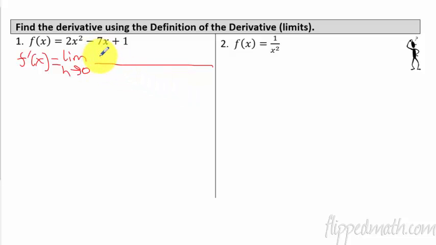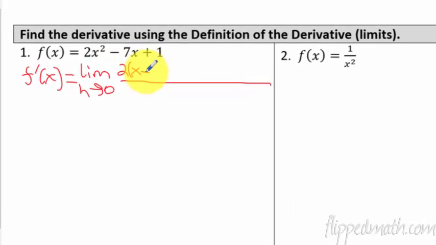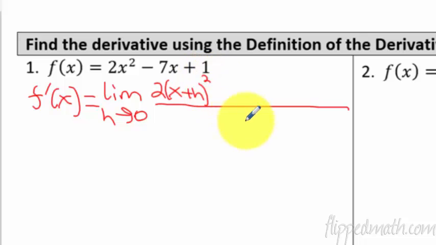Okay, let's plug in an x plus h. We're going to have 2 times x plus h squared minus 7 times x plus h. Oh, I hope you're writing small. Plus 1 minus, okay, so this is where we're going to subtract. Remember what it is?